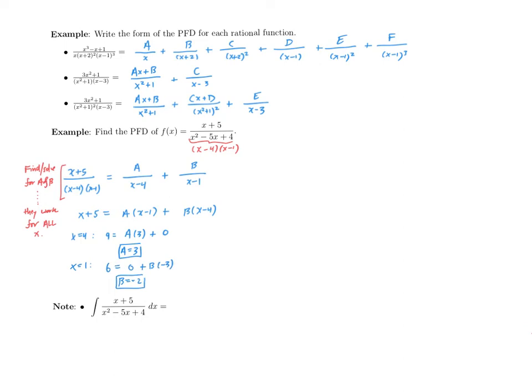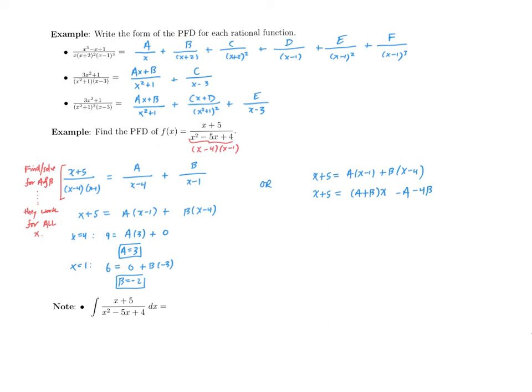Let me note that there's also an alternative way to go about this. If we look at the equation we have on the left, we could go ahead and just expand everything out on the right. So expanding the right-hand side, we would have A plus B times x, combining terms while we're at it, minus A minus 4B.